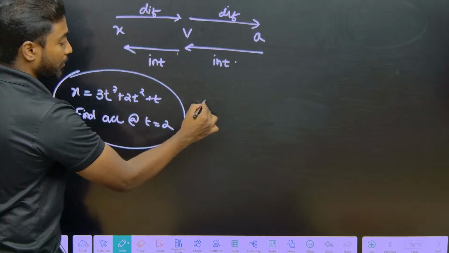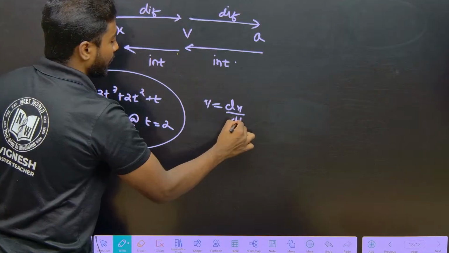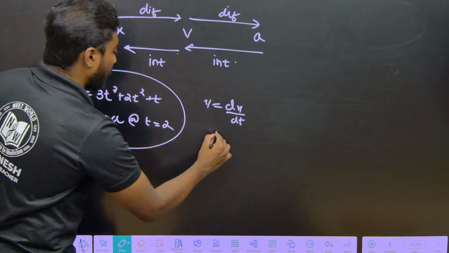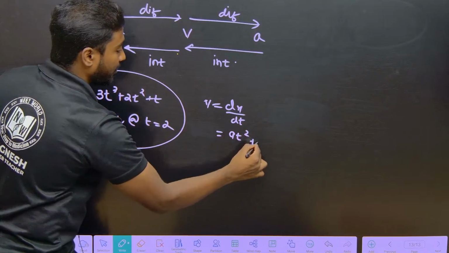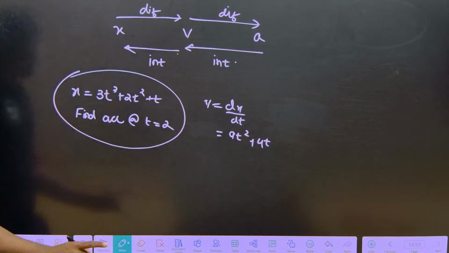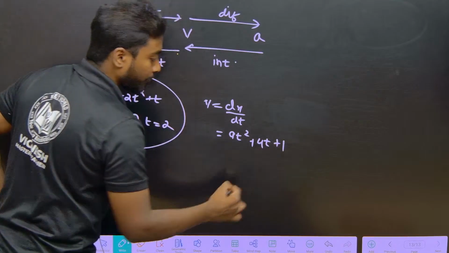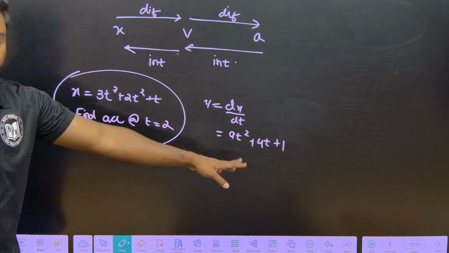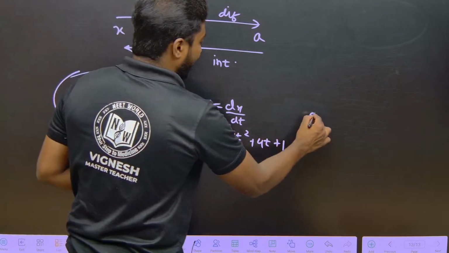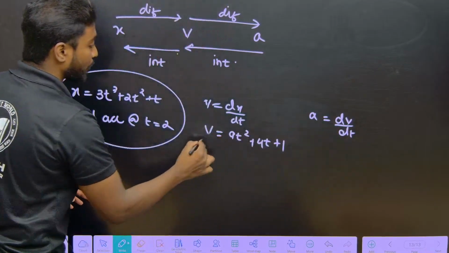So if I take the question, what will be the answer for the acceleration? First, v is equal to dx by dt, which is velocity. So what I will get: 9t square plus 4t plus 1, correct? If I differentiate t, it is 1. Now for acceleration, it is dv by dt, and this is the equation of v.